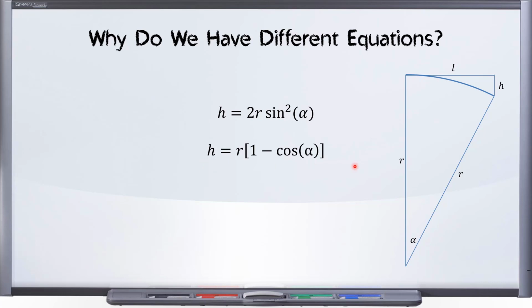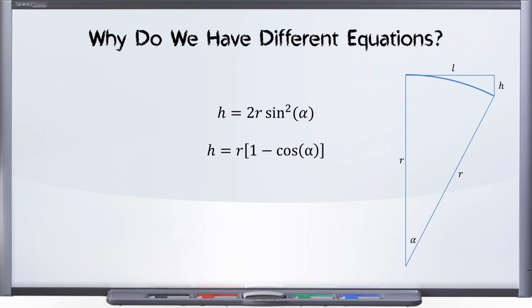This is AB Science's form, and where I have just put in the alpha. We both based it on deriving alpha first, and then worked it in different ways from there. I used the chord length, and I got 2r sine squared of alpha. And AB Science used the trick of recognizing this right triangle, and he ended up with an entirely different equation.